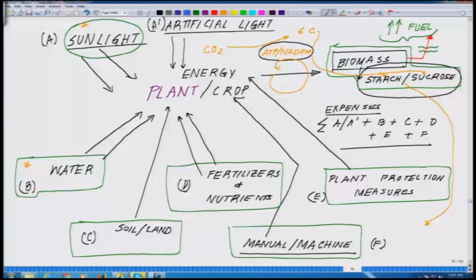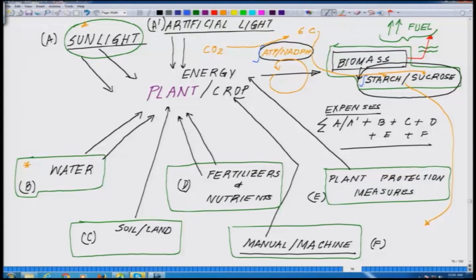So, this is how the whole energy dynamics works. If you look at the first slide that I showed you in the beginning of the class, we talked about the formation of the starch and the sucrose, followed by the ATP and NADPH and the whole expenses.